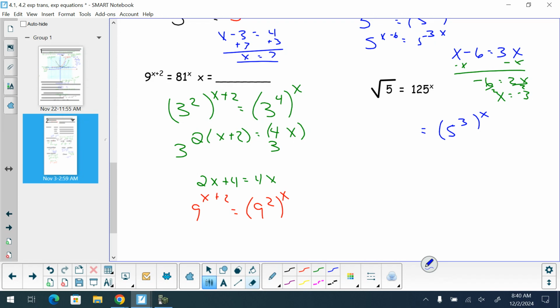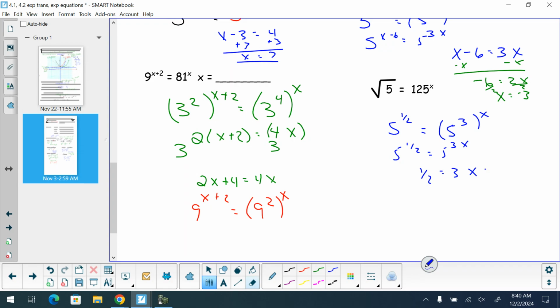How do we write square root as an exponent? So we have 3x equals 1/2.